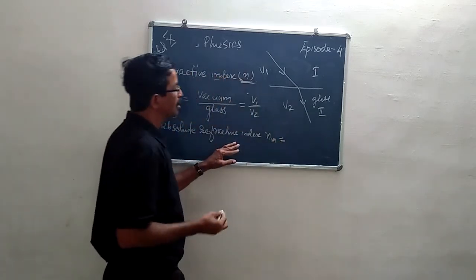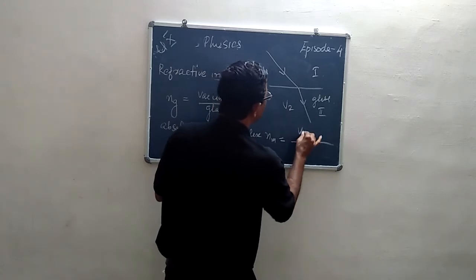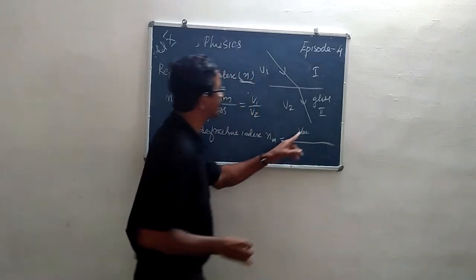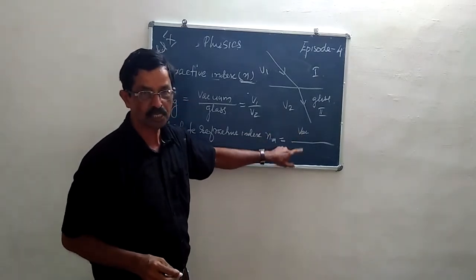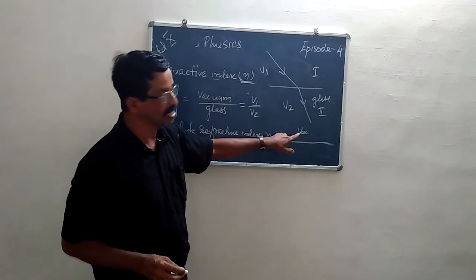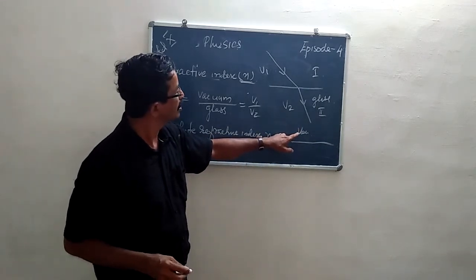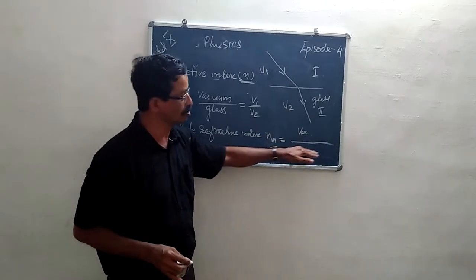If it is for glass, then it is vacuum by glass. If it is water, that means speed of light in vacuum and speed of light in water. If it is kerosene, then it's speed of light in vacuum divided by speed of light in kerosene.